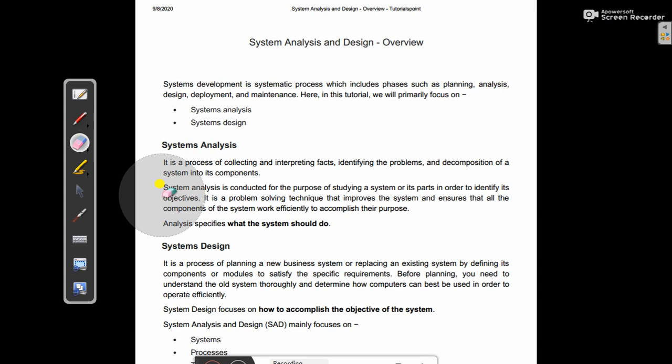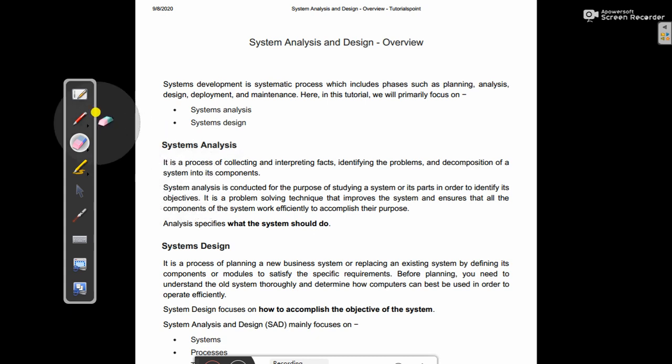System analysis means, suppose there is a system, then how can we collect the information or interpret the information, how can we identify the problem, and how can we decompose the whole system into different sub components so that the information is well organized, well analyzed, the output is well defined, and everything we can know from this analysis for better output.